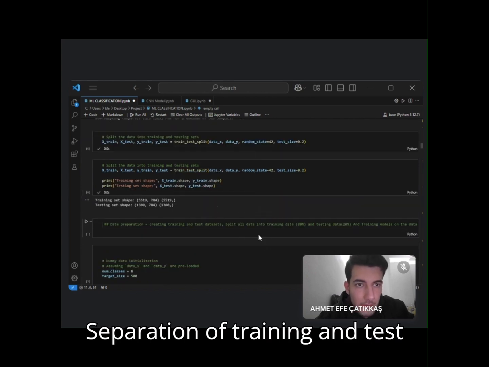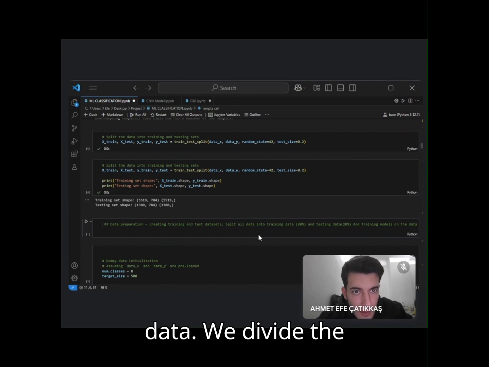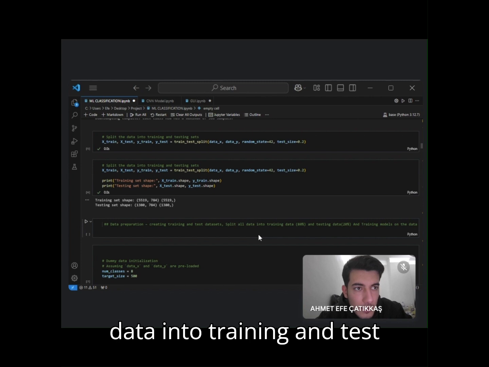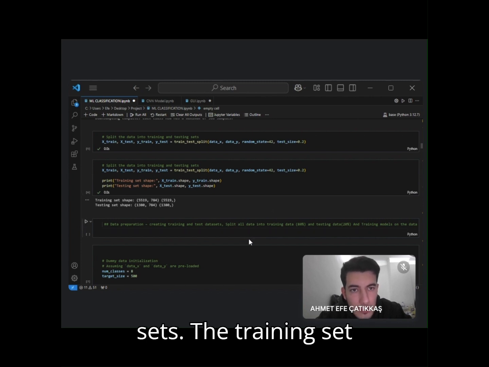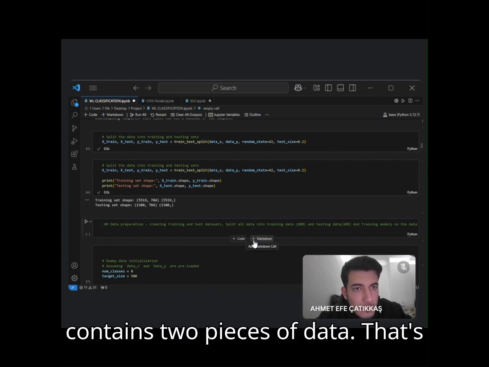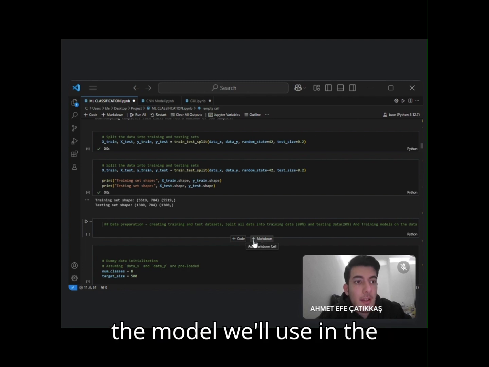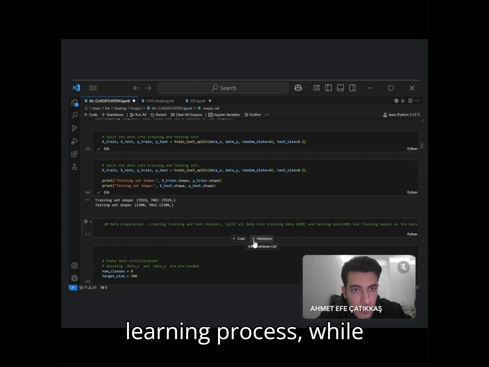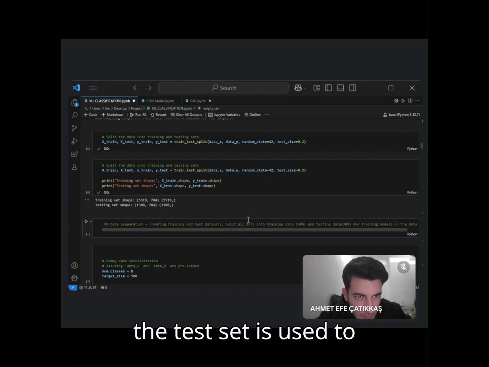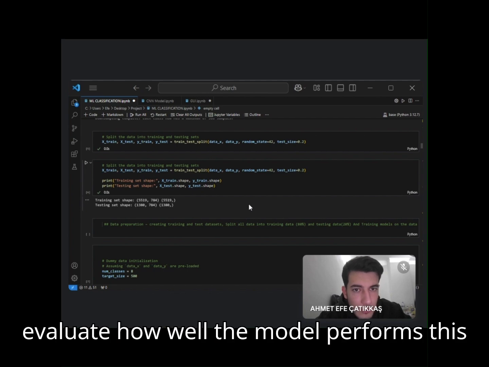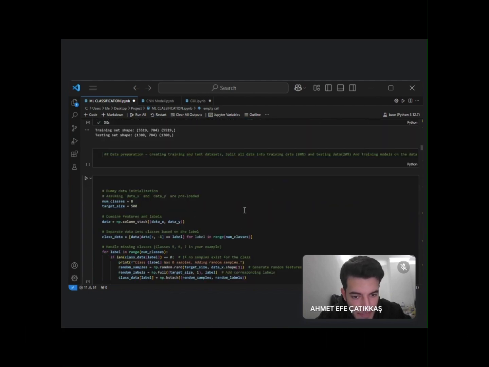Separation of training and test data. We divide the data into training and test sets. The training set contains the data that the model will use in the learning process, while the test set is used to evaluate how well the model performs this learning.